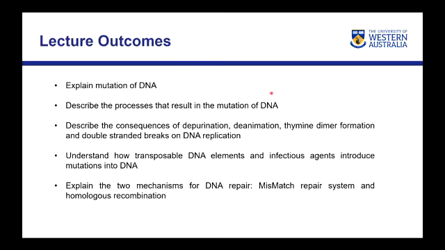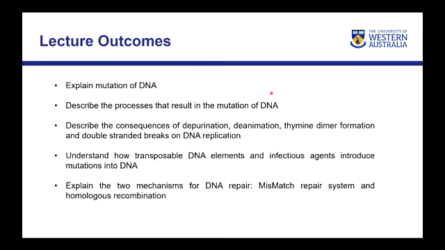Understand how transposable DNA elements work. Transposable DNA is a sequence of DNA that can be quite large or relatively small, but understand what they are and how they mutate DNA. Infectious agents, we touched on this in my first lecture already.